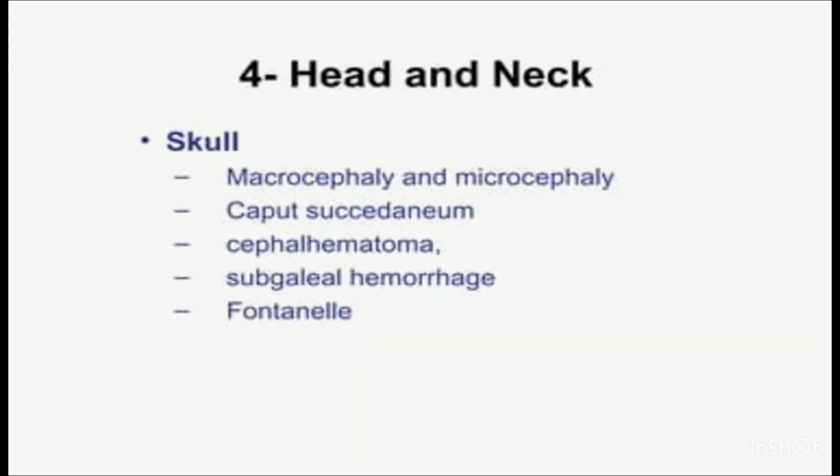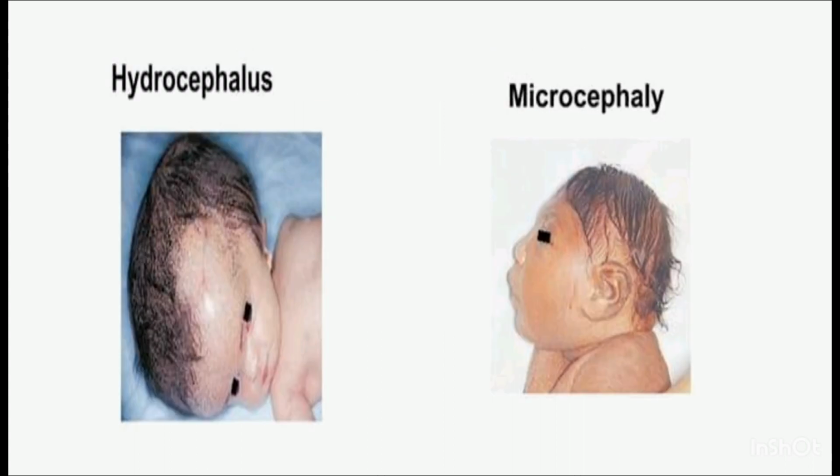Next is head and neck. In head and neck, first start with the skull: macrocephaly and microcephaly, caput succedaneum, cephalohematoma, subgaleal hemorrhage, and fontanelle. This is the picture of hydrocephalus and microcephaly.